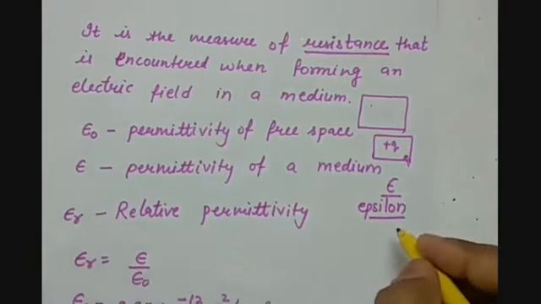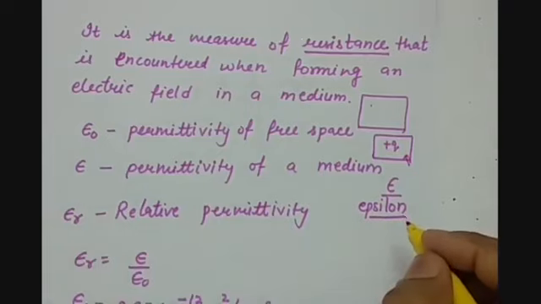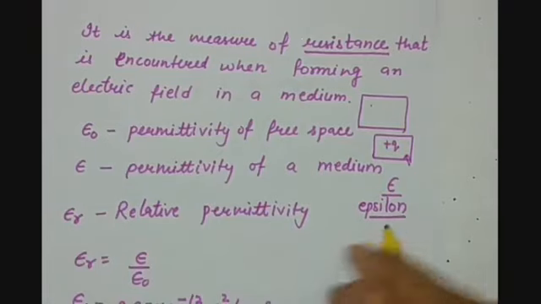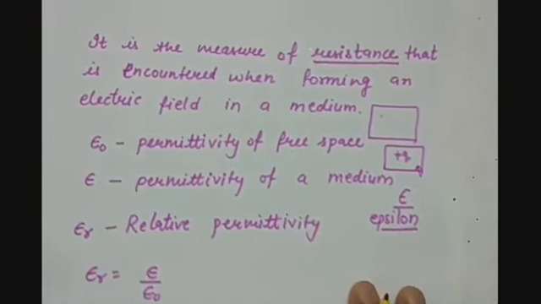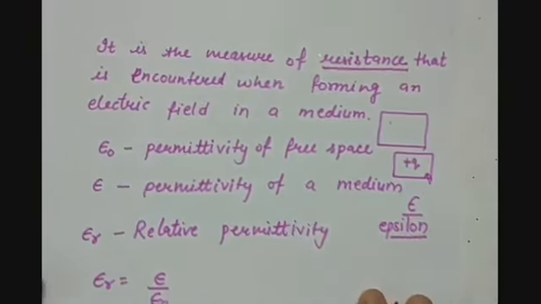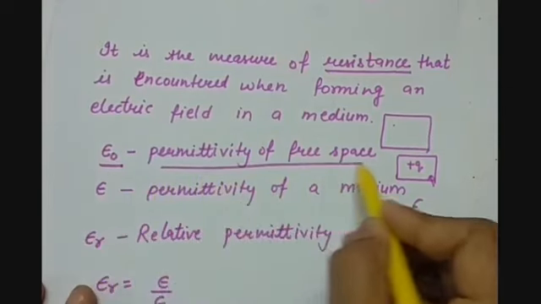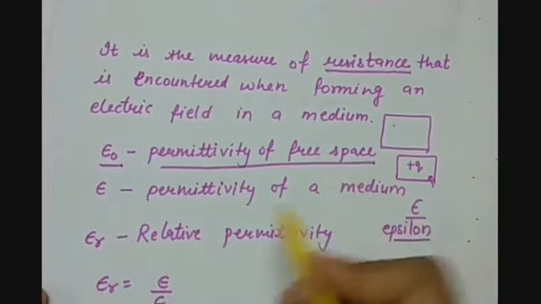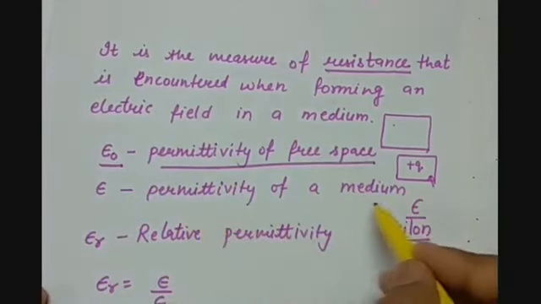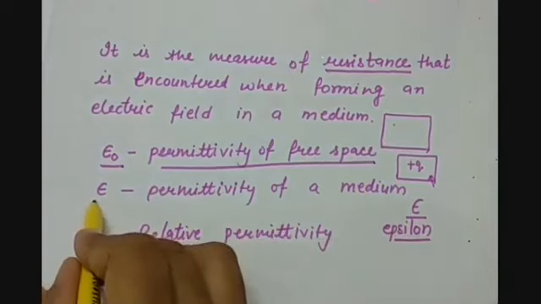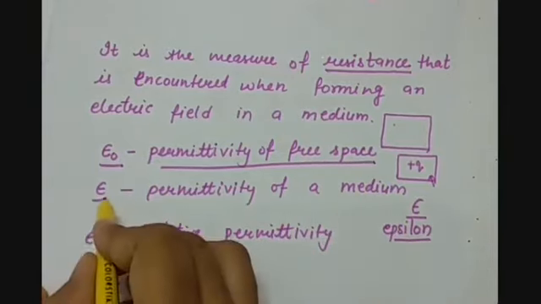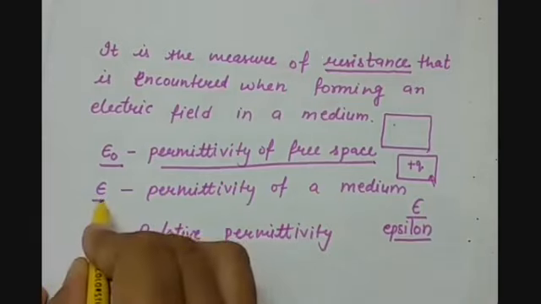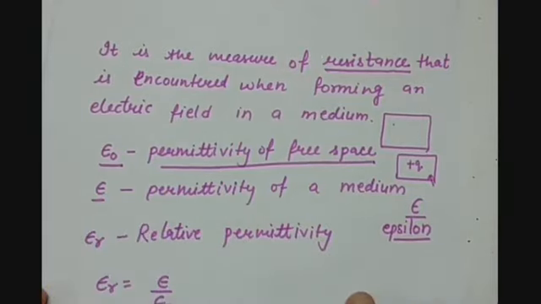And when we talk about the permittivity of free space, that is vacuum, we call this permittivity epsilon naught, the permittivity of free space or vacuum. But when we talk about the permittivity of a medium, it's called epsilon only, without the naught or small zero.